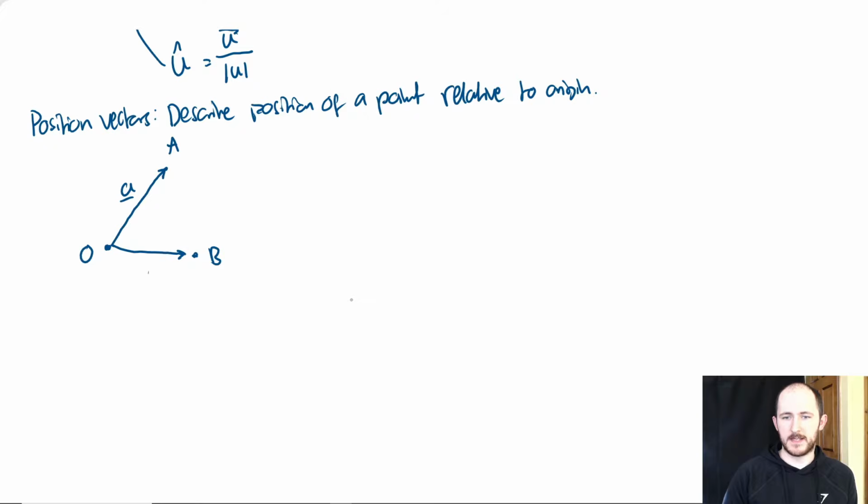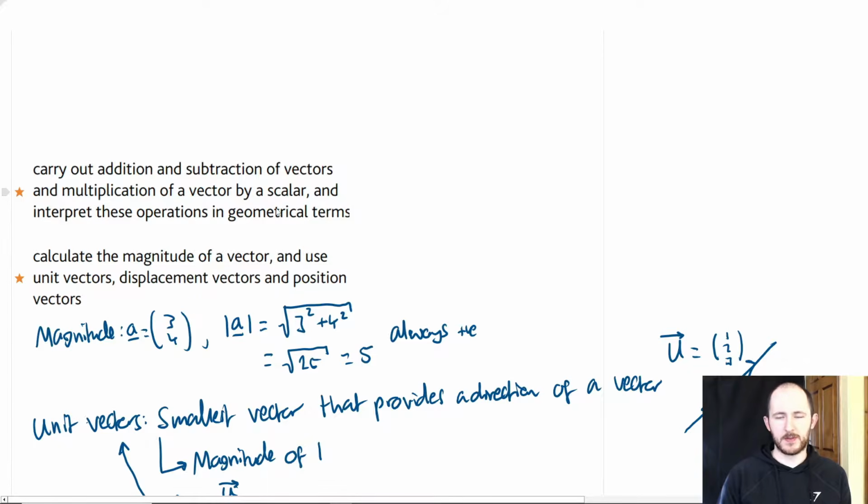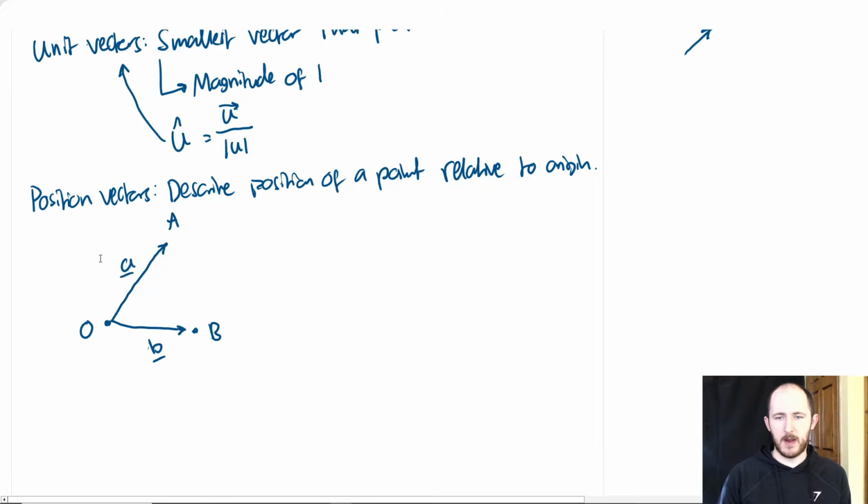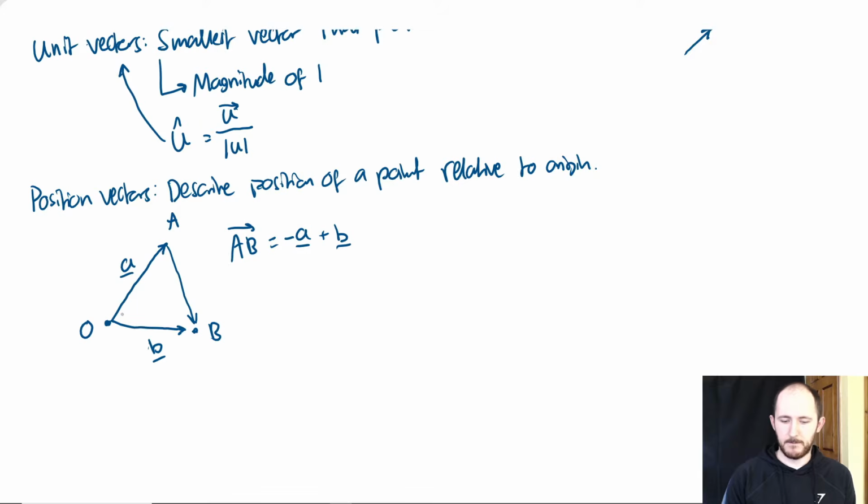By the way, just so you know, this is actually also covering the addition for geometrical terms. So if I were to work out what A to B is, that will give me a vector which looks something like this, okay? Where AB would just equal minus A plus B, okay?